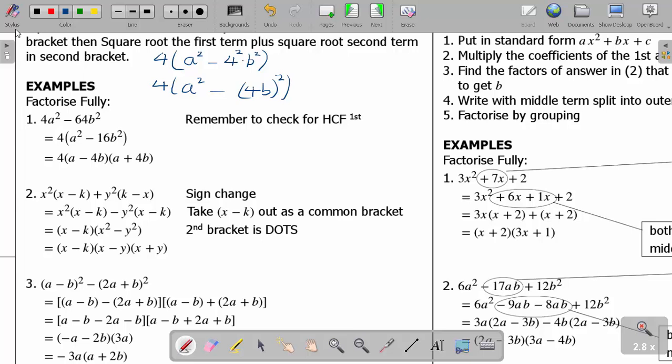Now if you check here, we've got a squared minus 4b squared, because this term was 16b squared. Now this is a difference of two squares.